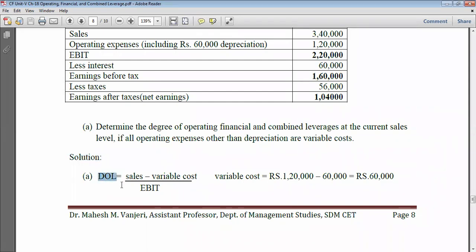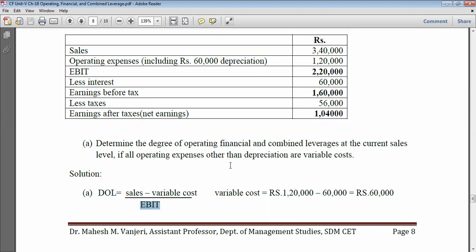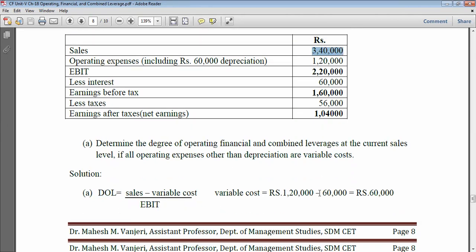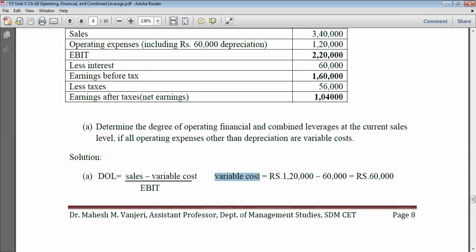First, let us find out the degree of operating leverage. We know the formula: sales minus variable cost divided by EBIT. Sales are 3,40,000 rupees, given in the problem. For variable cost, a small twist as I mentioned, all operating expenses other than depreciation are variable cost. So to arrive at variable cost, we need to deduct depreciation from the total operating expenses: 1,20,000 minus 60,000, so variable costs are only 60,000 rupees.